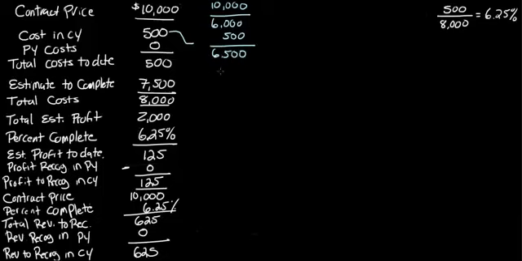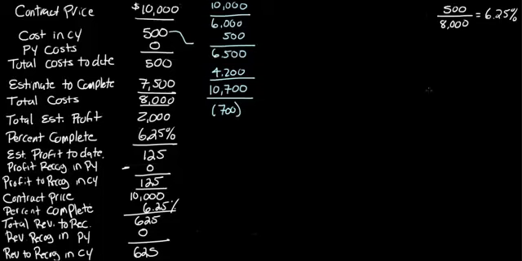My estimate to complete is $4,200, so my total costs to complete this contract are $10,700. That now means my estimated gross profit on this contract is a negative $700.